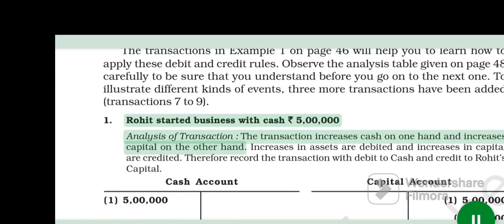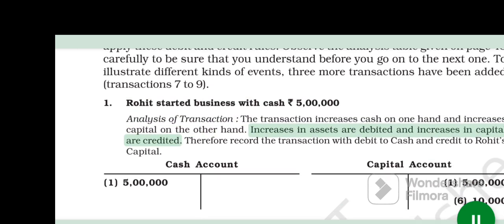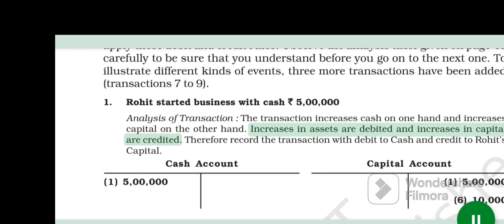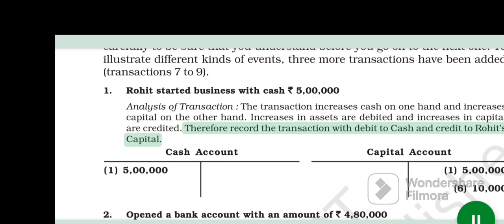Rohit started business with cash of ₹500,000. Analysis of transaction: the transaction increases cash on one hand and increases capital on the other hand. Increases in assets are debited and increases in capital are credited. Therefore, record the transaction with debit to cash and credit to Rohit's capital.